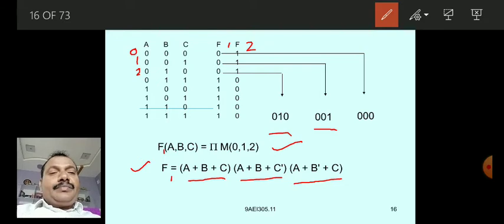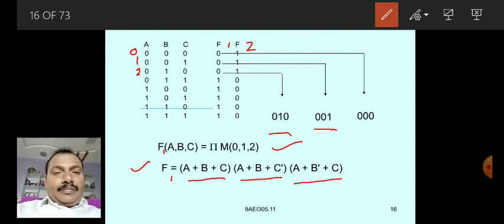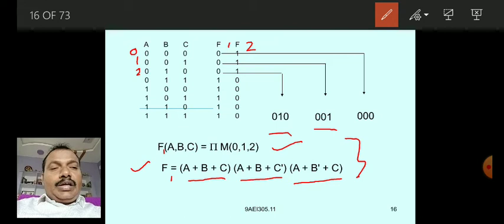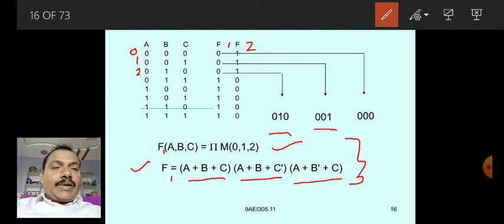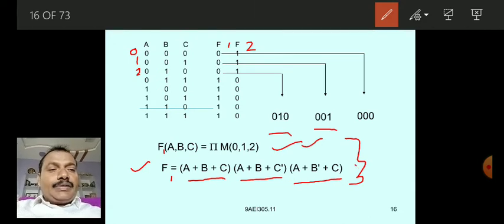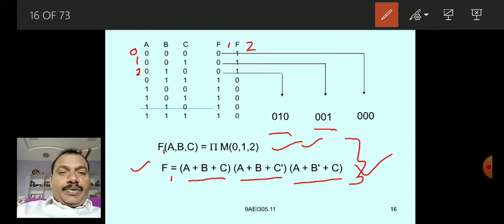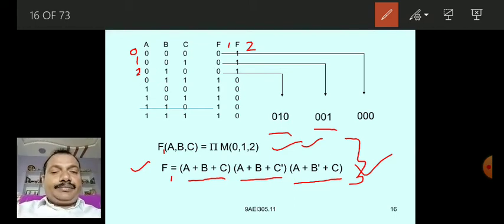That means F1 equals Pi, capital M, capital M, 0, 1, 2. Both are equal. You have to express like this or like this, no problem. Both are Boolean expressions in POS form. These are the standard product of sums.